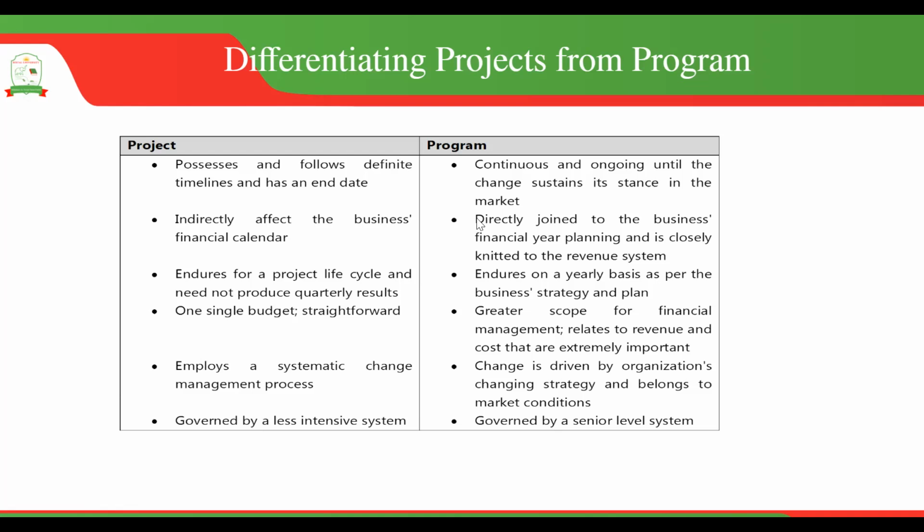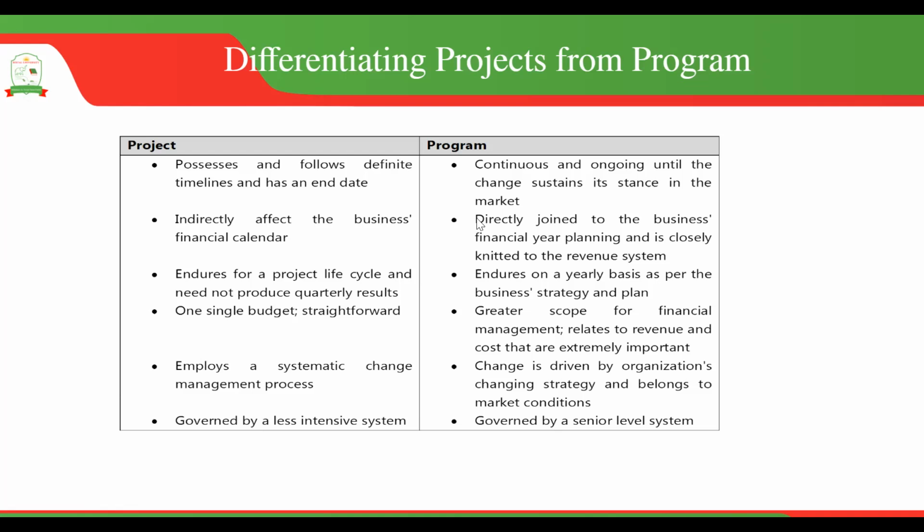Okay, so still on the project side, you have the unique components of the project. There is a time limit, there is a unique product that you have, and then you have the defined scope of the products and services that you produce.